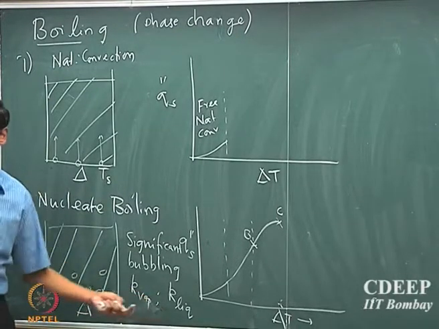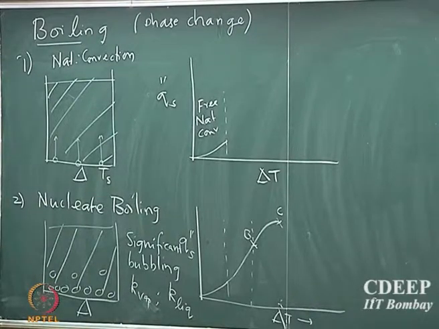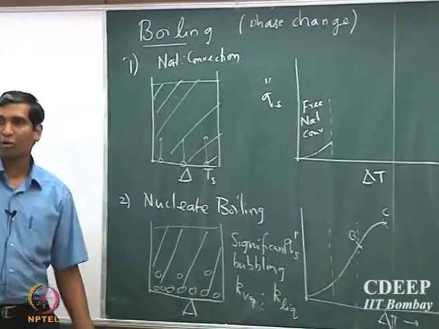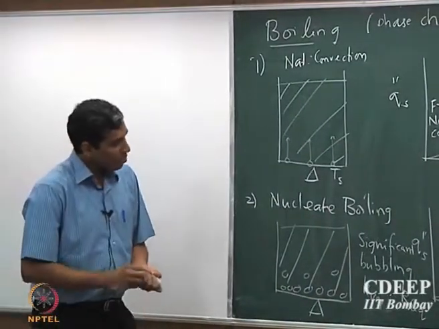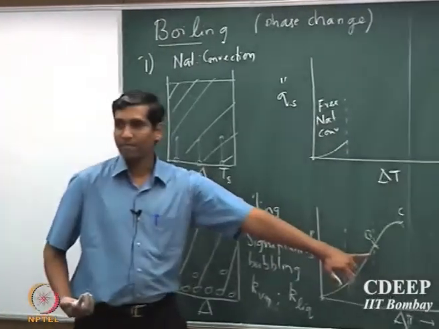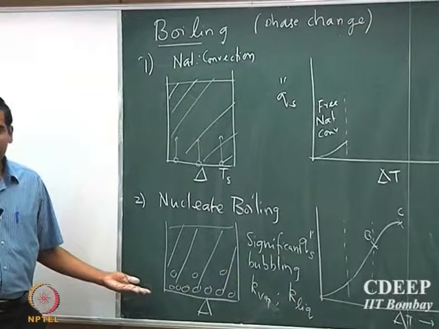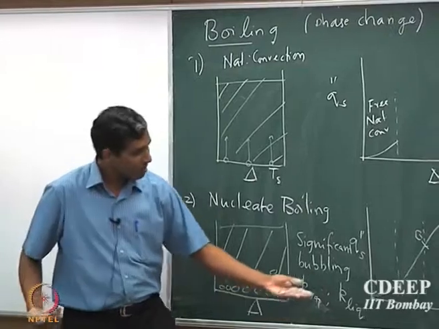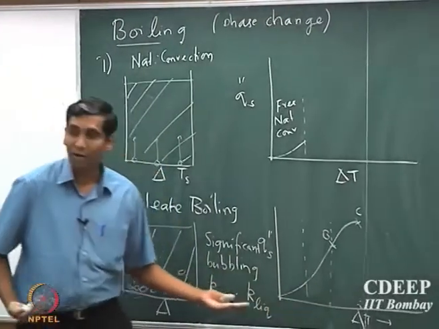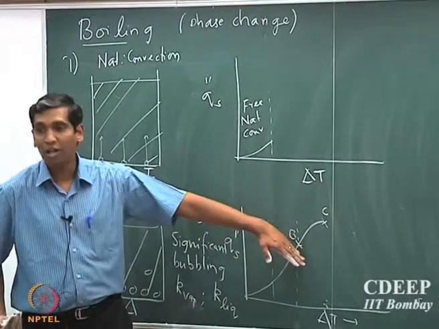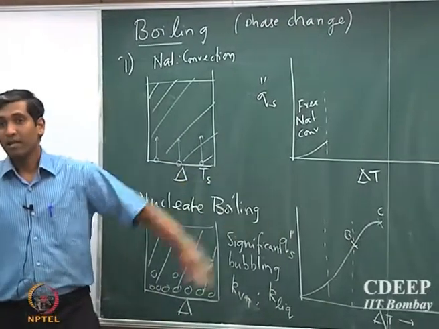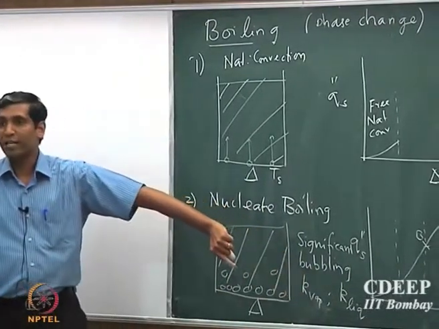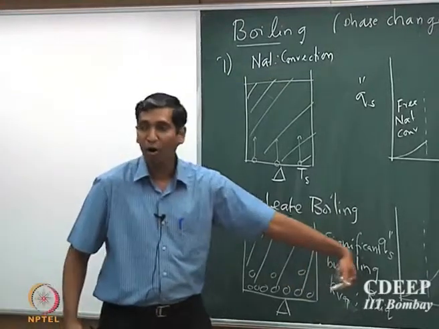Now what is the nature of the conductivity of the vapor phase compared to liquid? It's always lower, right? So the conductivity of the vapor phase is always lower than the conductivity of the liquid. So till the inflection point, still the majority of the energy is carried by the liquid phase, and therefore the heat transport coefficient will continue to increase all the way up to the inflection point, till the situation where there is a switch in the extent of heat transported by the liquid or the vapor phase.